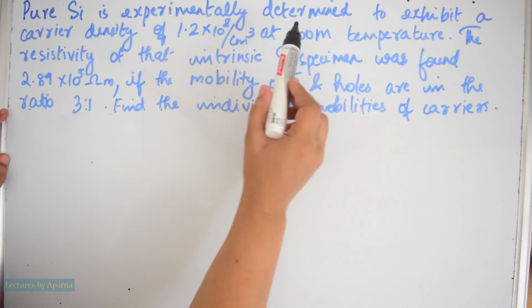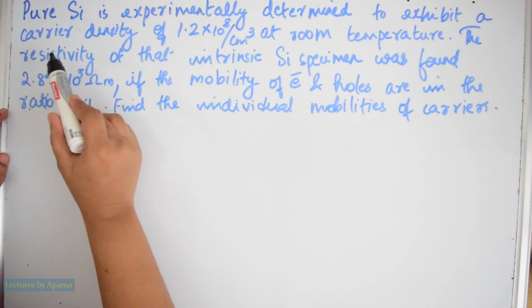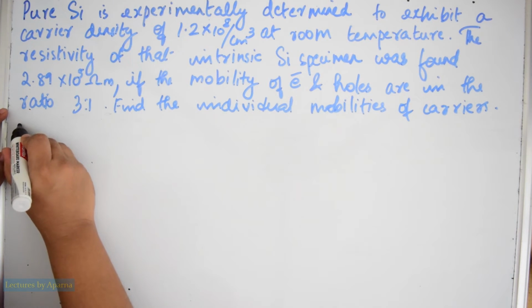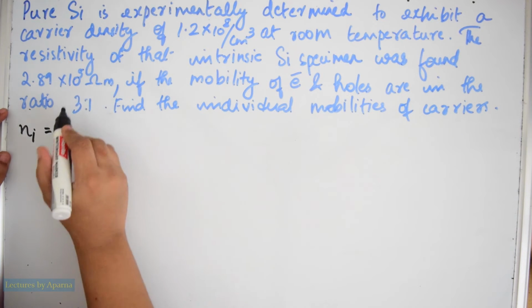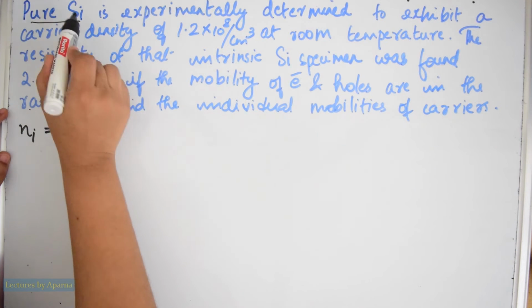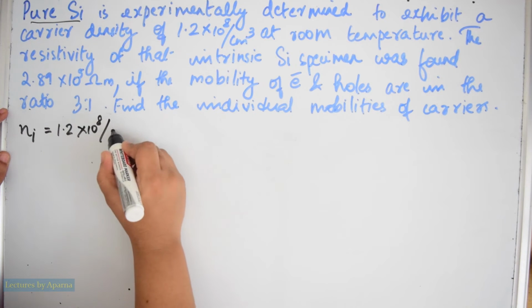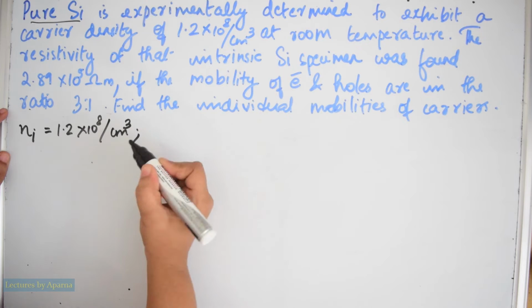Pure silicon is experimentally determined to exhibit a carrier density of 1.2 into 10 raised to 8 per centimeter cube. That is, it is intrinsic carrier density since it is pure silicon. This is equal to 1.2 into 10 raised to 8 per centimeter cube.